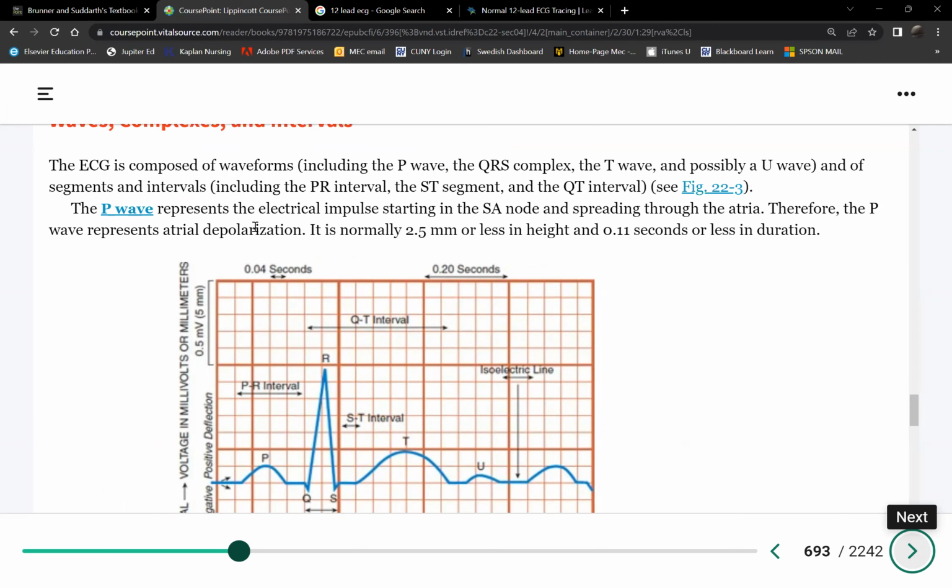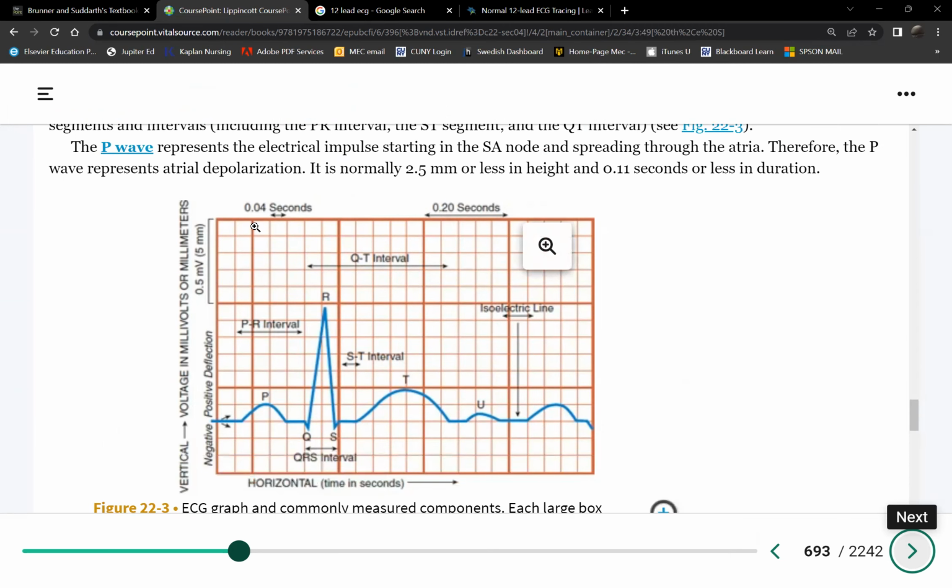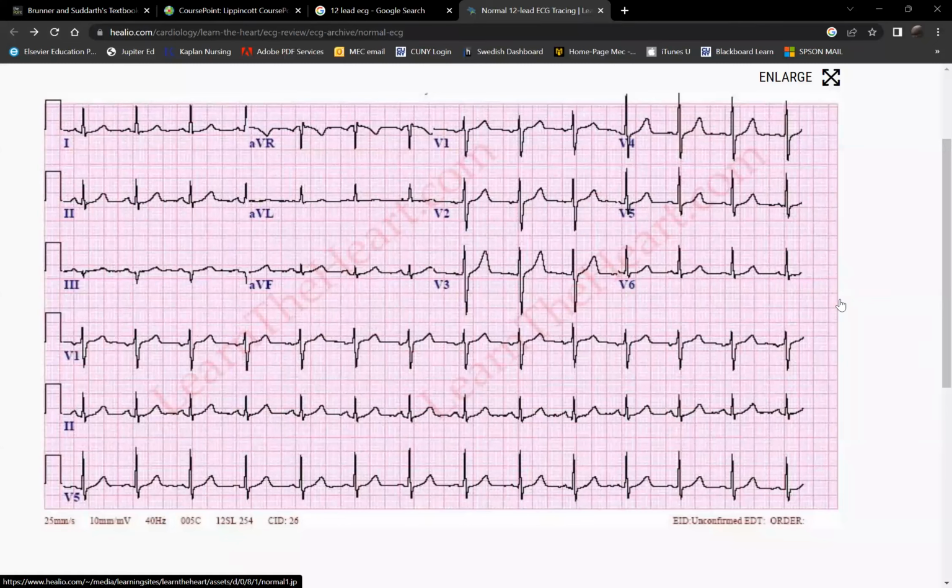So the P wave, again, we will measure every wave and complex based on the isoelectric line. Now, don't take it literally, because this is an ECG paper, right? But this was drawn by somebody. You saw a real 12-lead ECG here.